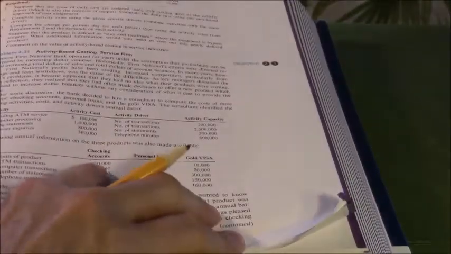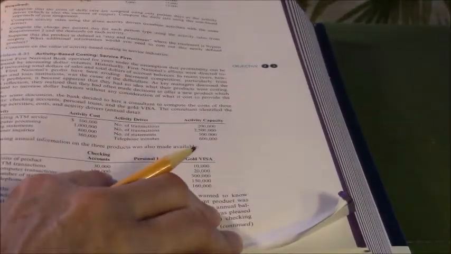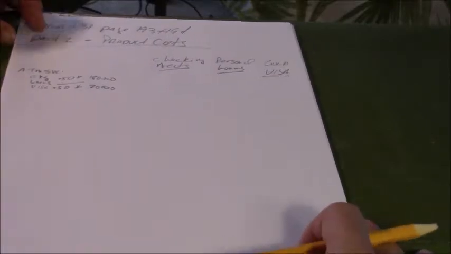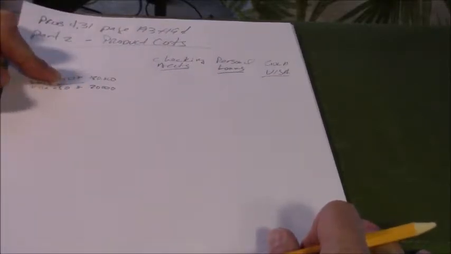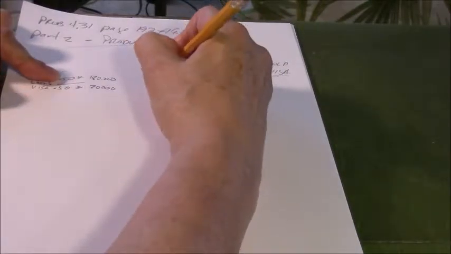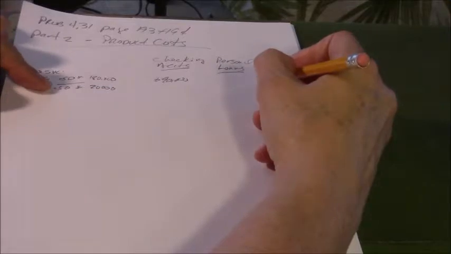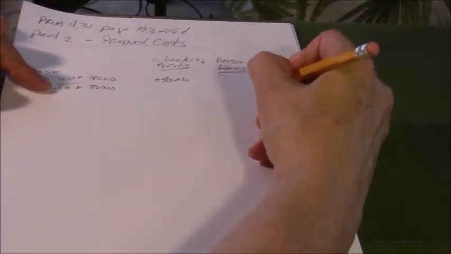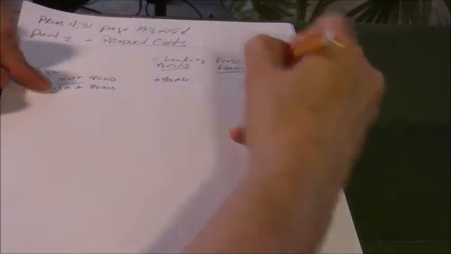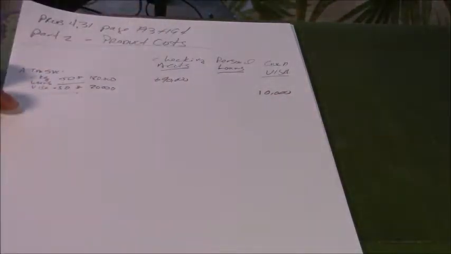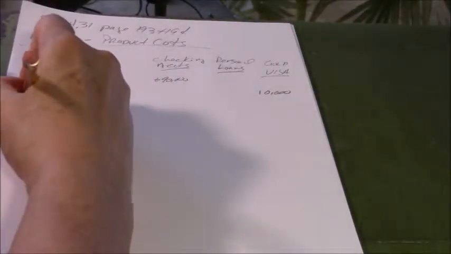I'm just picking up these numbers from what they tell me: 180,000, 0, and 20,000. All right, so for checking, that is going to end up being 90,000. Nothing under personal loans, and 10,000 under Visa.